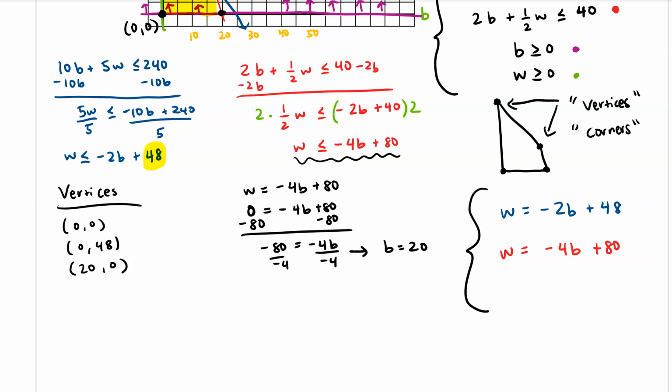Now, to figure out the location of the fourth vertex, we just need to solve this system of equations. And there are numerous ways that you could do that. You could solve it by graphing. However, we kind of just did that and our eyes might deceive us, so I don't recommend using the graphing method.